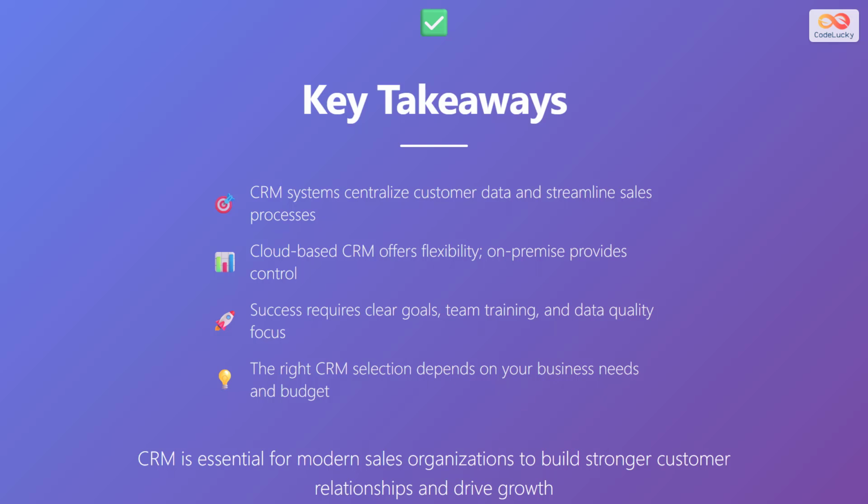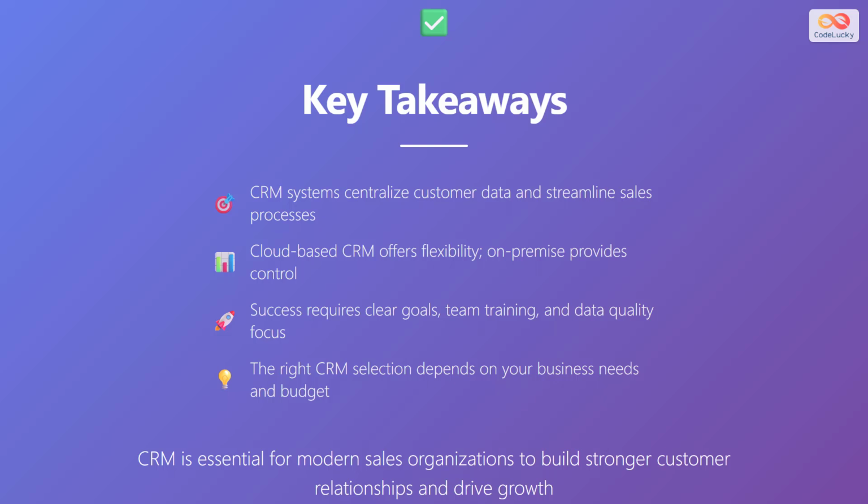Let's recap the key points. CRM systems centralize customer data and streamline your sales processes for better visibility and control. Cloud-based solutions offer flexibility and ease of access, while on-premise options provide more control over your data. Success with CRM requires clear goals, proper training for your team, and a commitment to maintaining data quality.